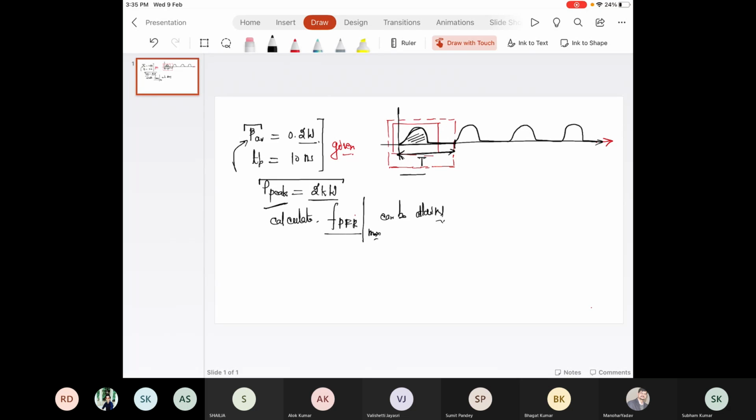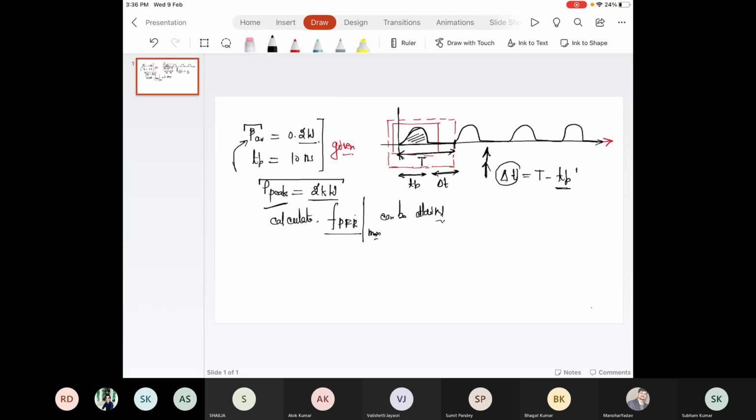If we consider this Tp here, and the rest of the time to complete the entire time period T, let's say delta T, this time is very high compared to Tp.